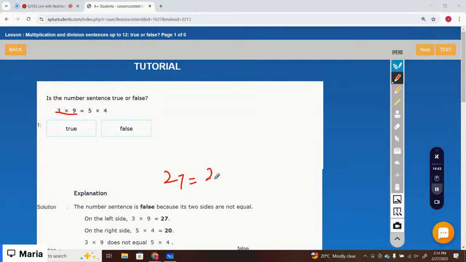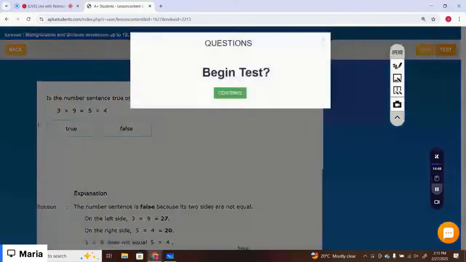And 5 times 4, that is 20. So they are not equal. False it is. Got it? Let's just start with the test questions.